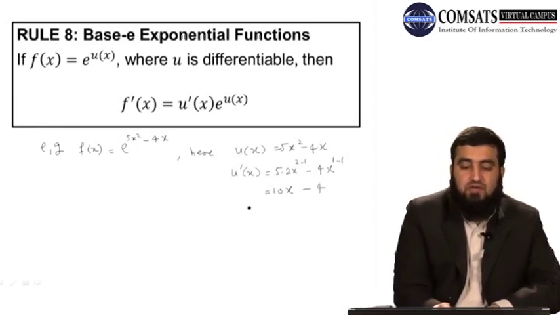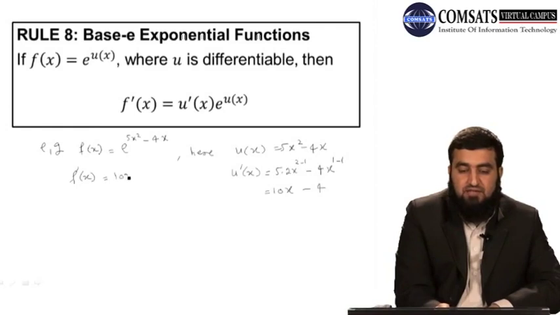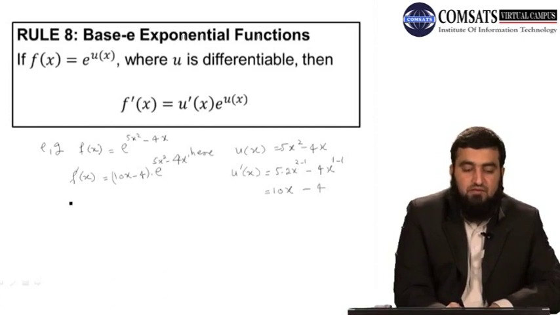So now we have f prime of x which is equal to u prime of x, which is 10x minus 4, into e to the power 5x square minus 4x. So this is your derivative of a function, base e function whose exponential power is some function.